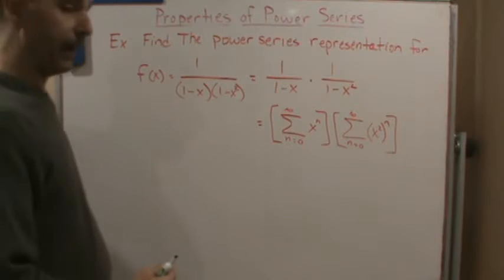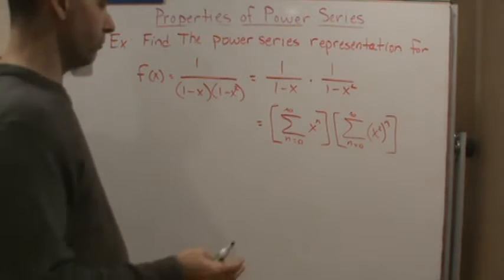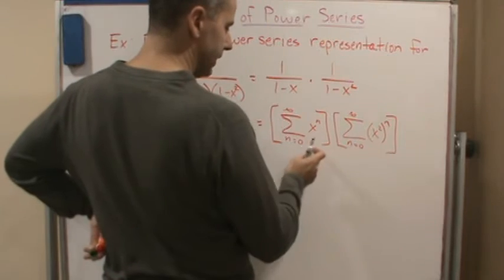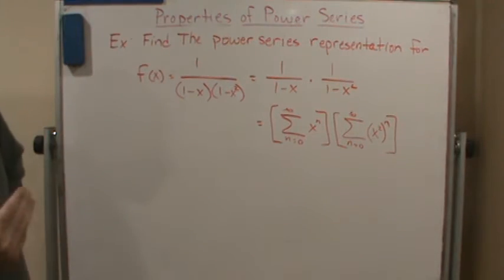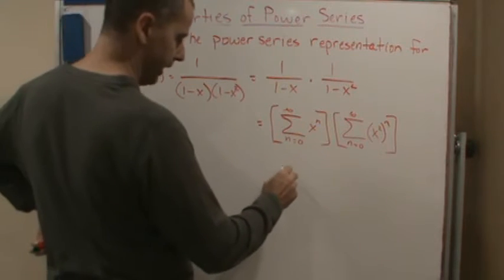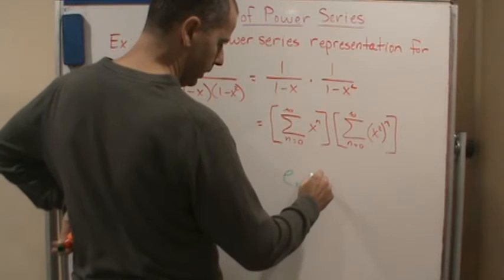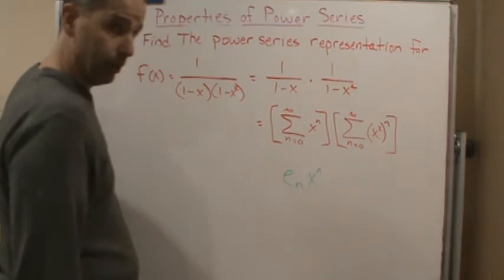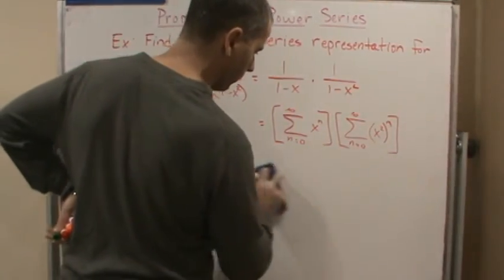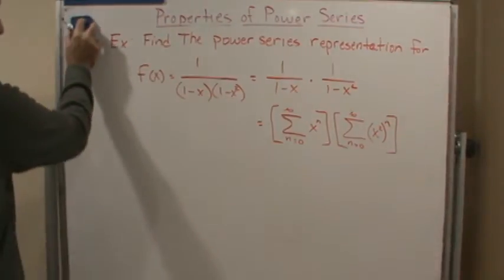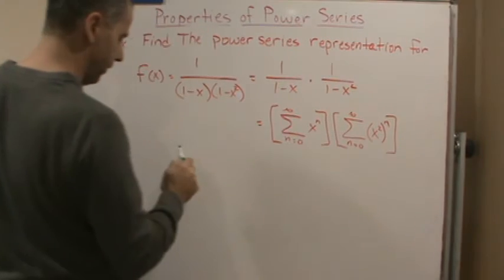Okay, so how do we find E sub n in this case? Well, let's multiply these together, and what are we going to do? We're going to find the x sub n. Remember, it's going to be E sub n times x to the nth power, right? Okay, so what we're going to do is multiply these two series together.